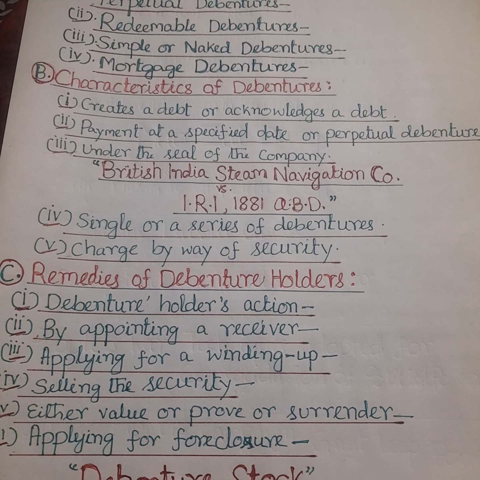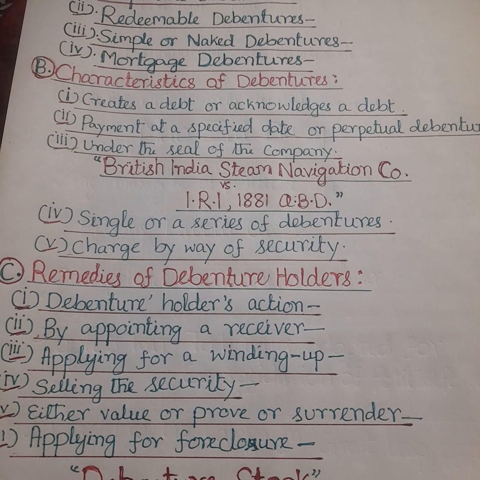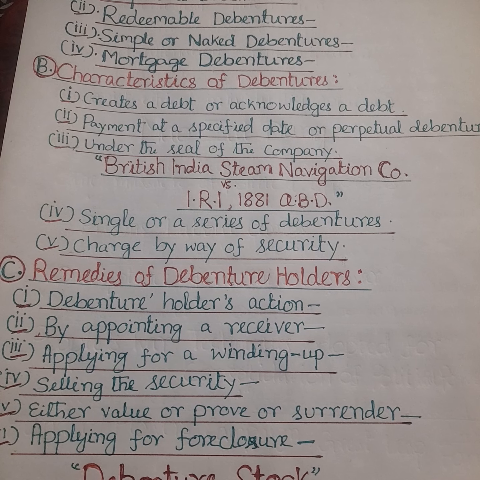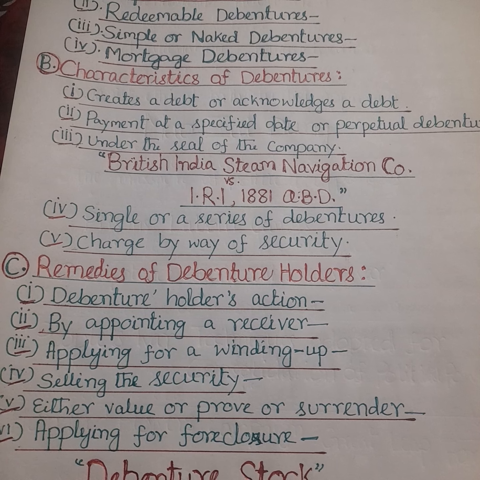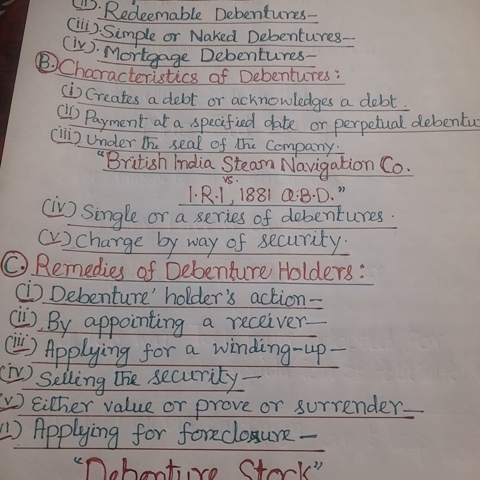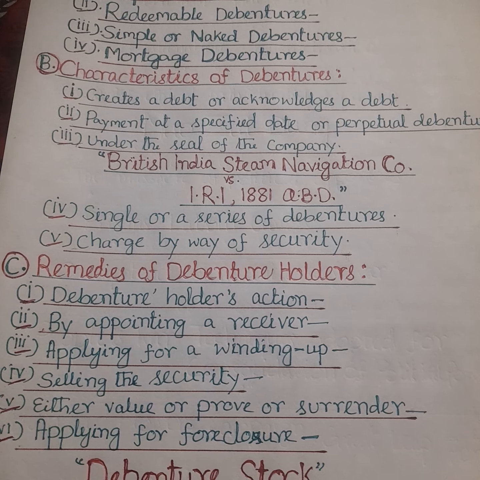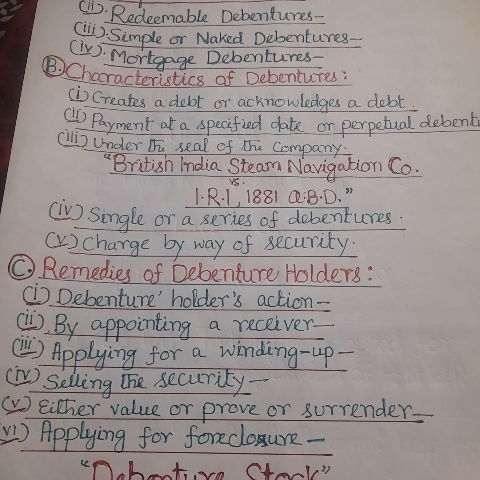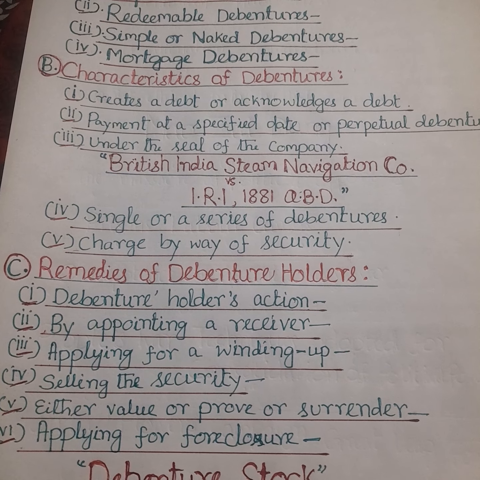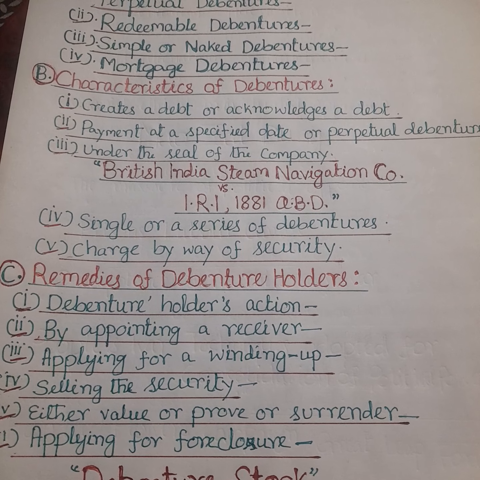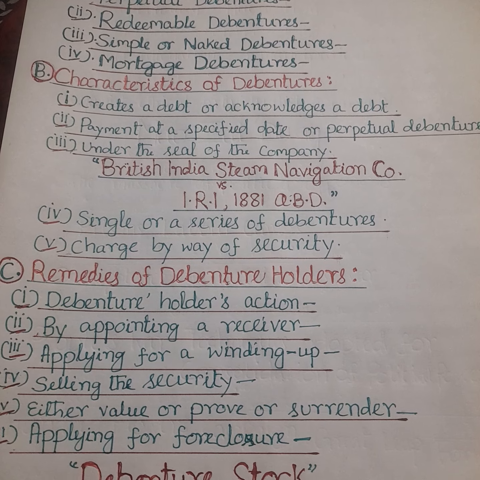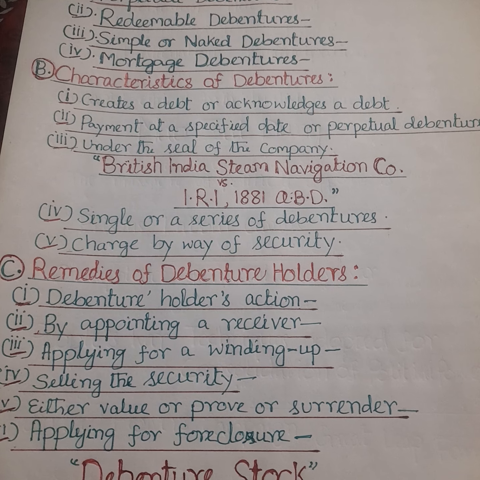The company may, however, repay the debt if it so likes. Redeemable debentures are those which are payable at the end of a specified period in the very issuance of that debenture by that company.